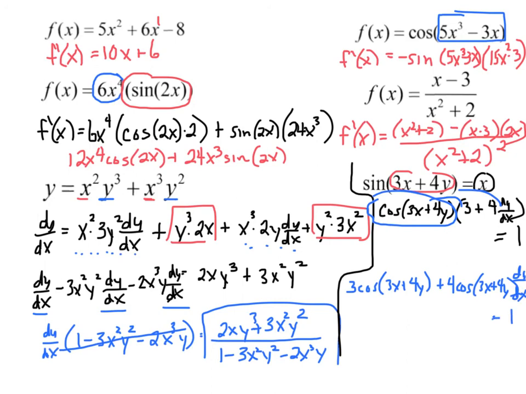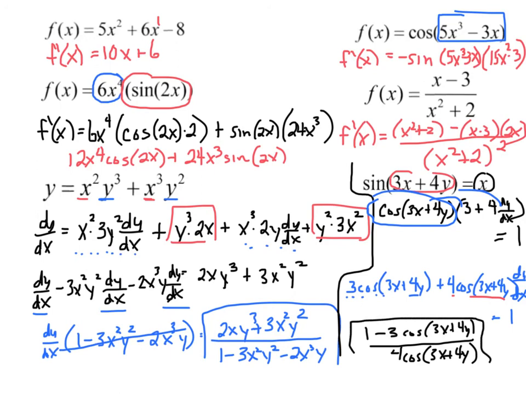And then you can subtract this term and divide this term to isolate dy dx. So your answer comes out to be something like 1 minus 3 cosine of 3x plus 4y over 4 cosine of 3x plus 4y. I think that's the easiest way. There are other methods, but I think that would be your easiest way to isolate.